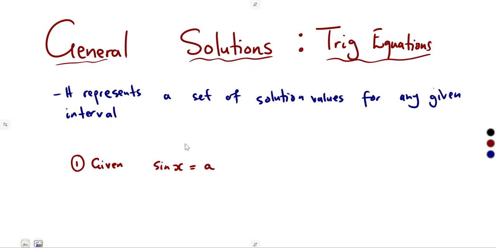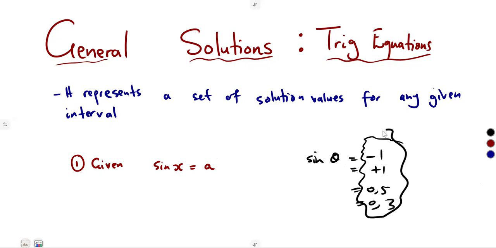So we are given sine of x equal to -1. It can be +1. It can be 0,5. It can be 0,3. So this is the part representing our a. Definitely a must be a real number.